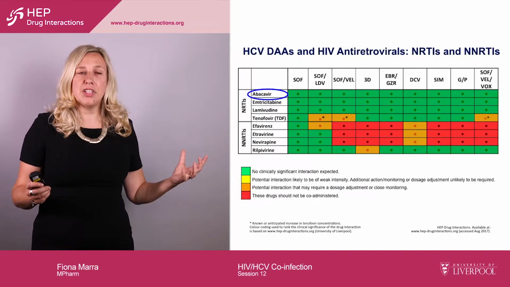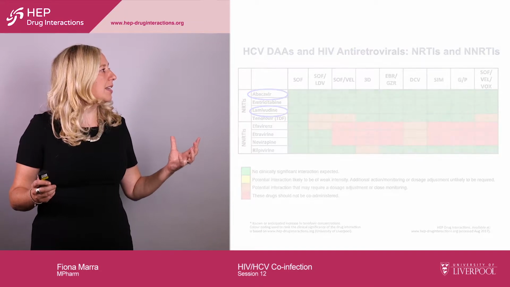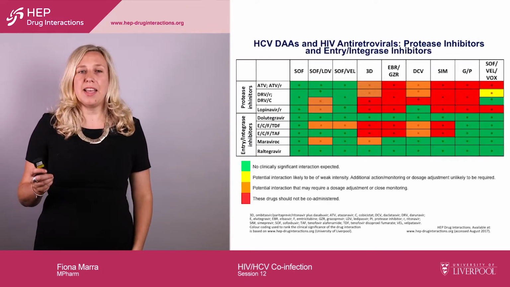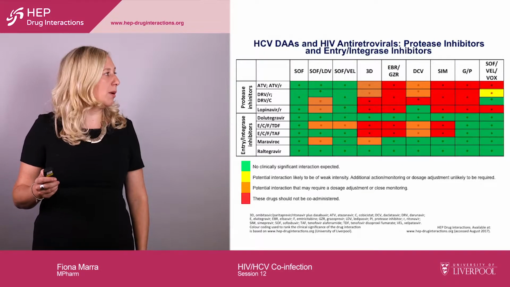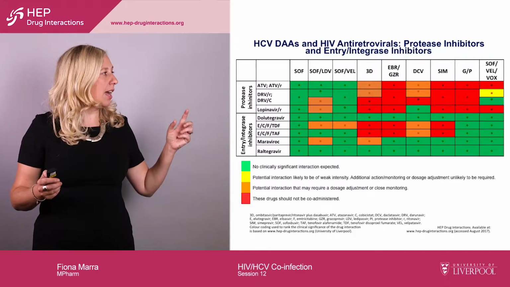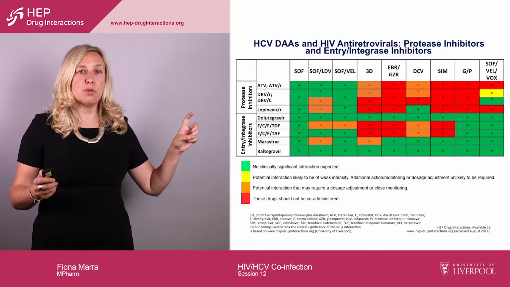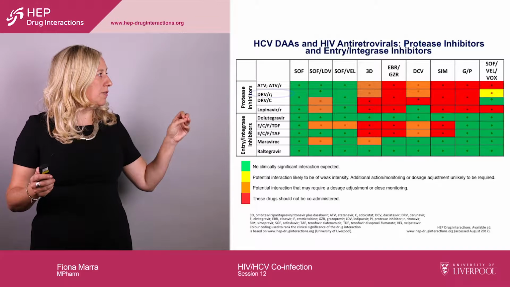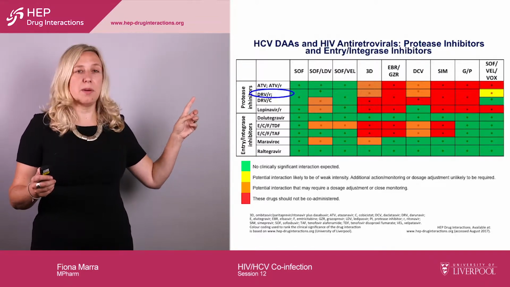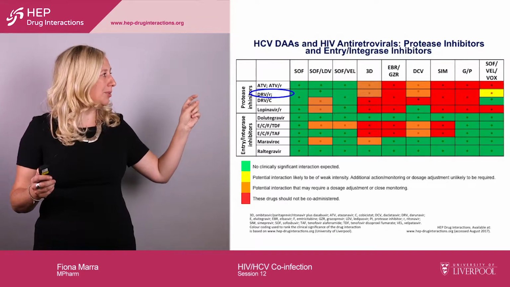What about other HIV drugs? So if we look at the protease inhibitors and the integrase inhibitors, again, lots of interactions that we have to think about. So red interactions across the board with protease inhibitors, again with 3D, looking at darunavir cobicistat. So we see here our patient is on darunavir cobicistat.